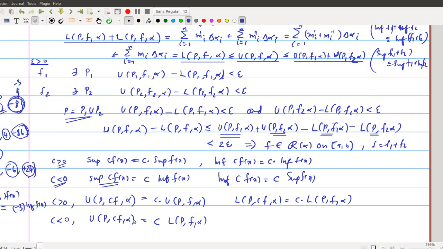Similarly, L(cf, alpha) is obtained by multiplying the upper sum of f with c, since c is negative.